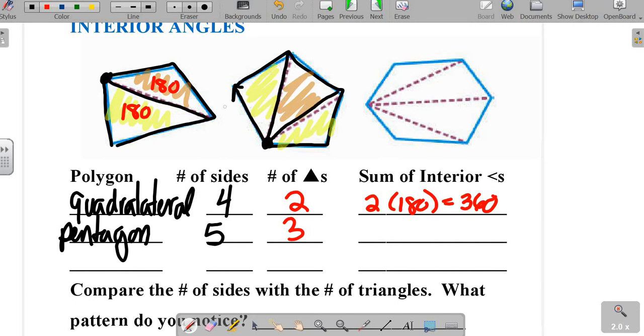That's the rule, diagonal from a single corner. Each of those triangles adds up to 180 degrees. Therefore, if I wanted to find the sum of the interior angles, it'd be 3 times 180, which is 540.